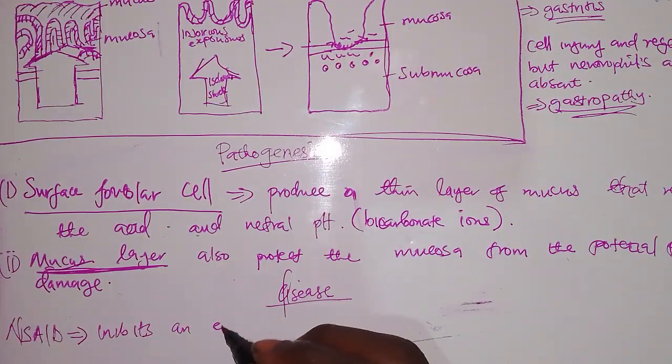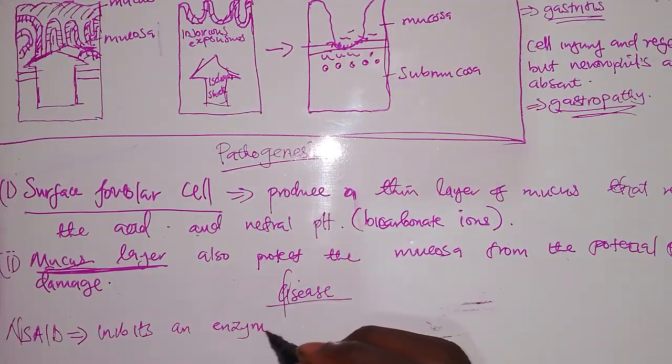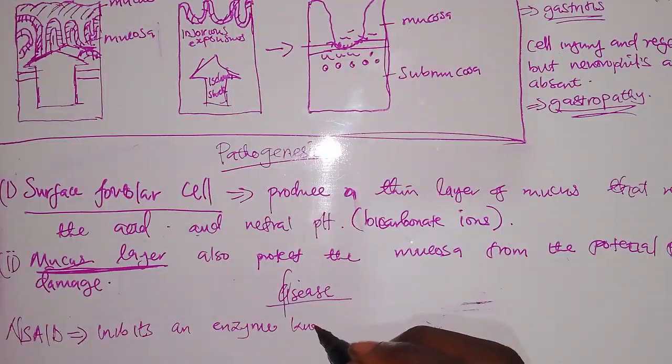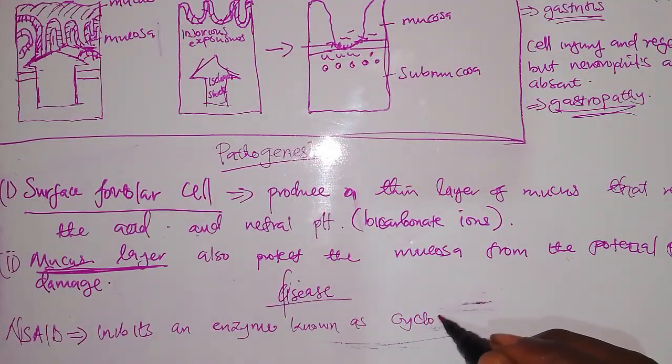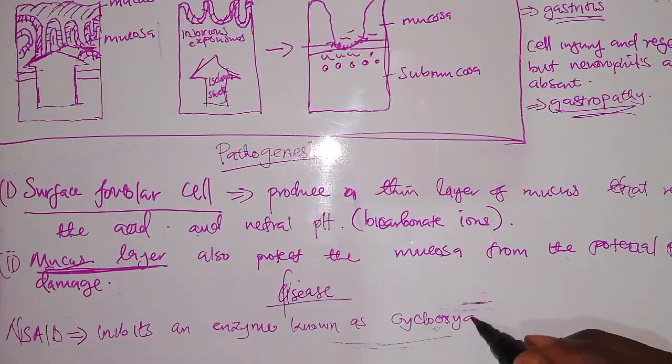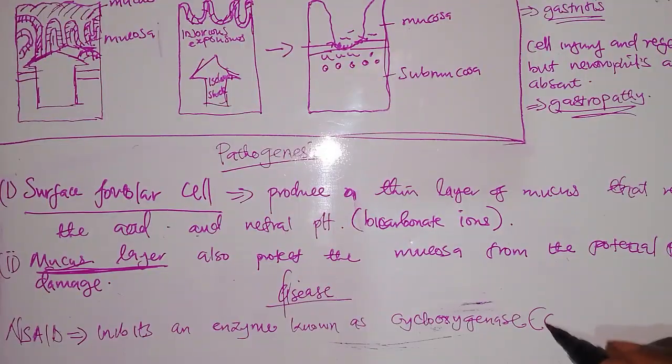So this NSAID inhibits an enzyme known as cyclooxygenase, which is also abbreviated as COX.